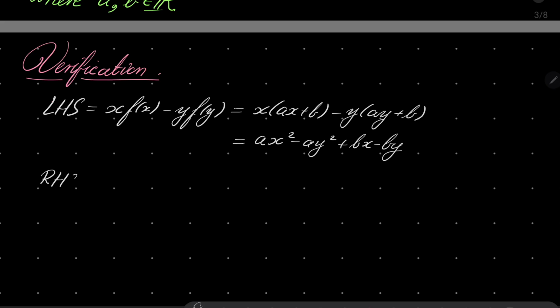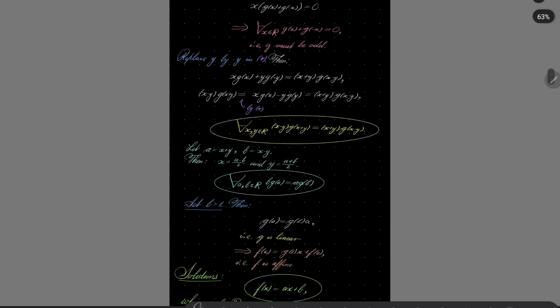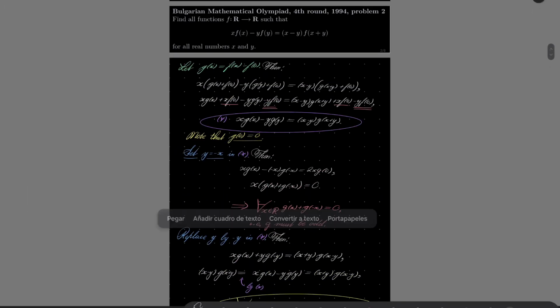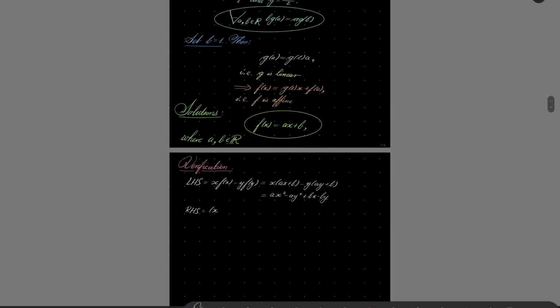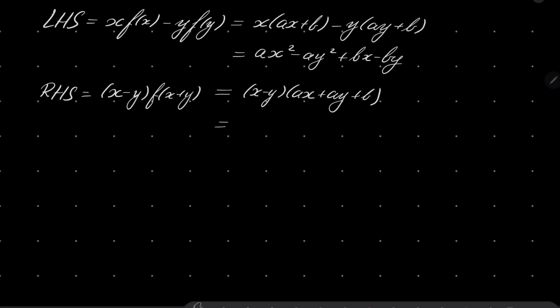And on the right hand side, we have (x minus y) f of x plus y, which is (x minus y) times (ax plus ay plus b), which is ax squared minus ay squared plus bx minus by.